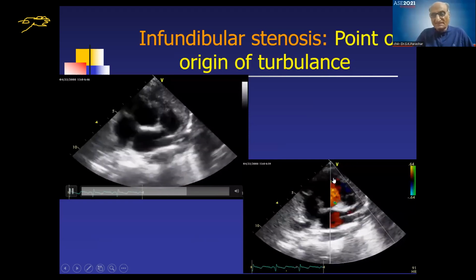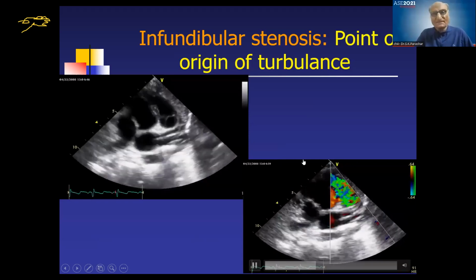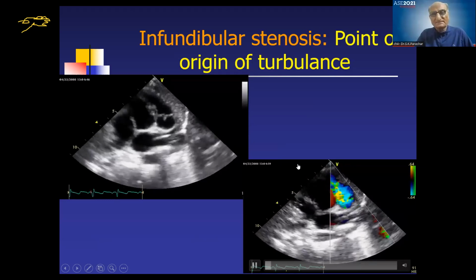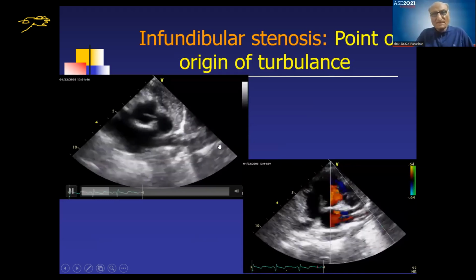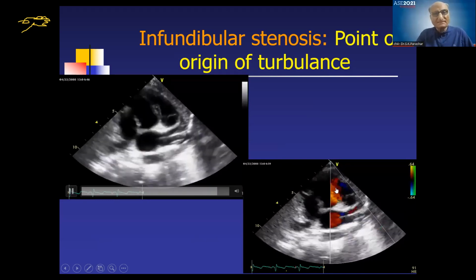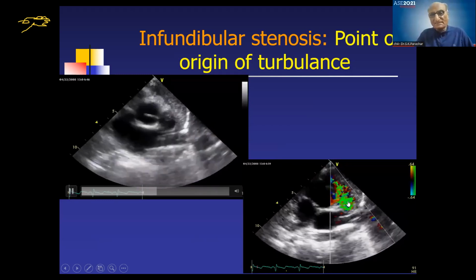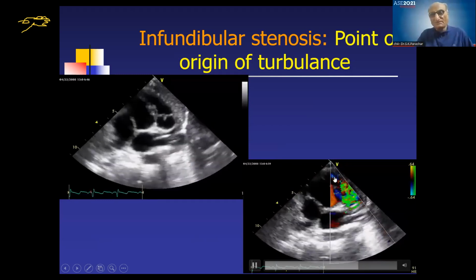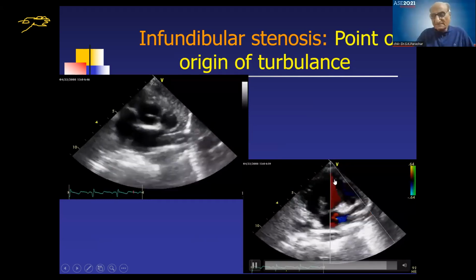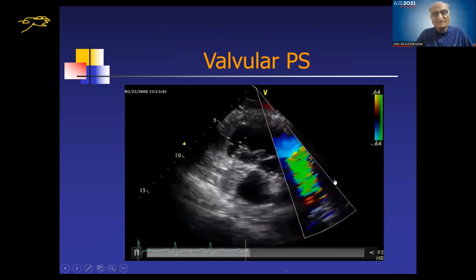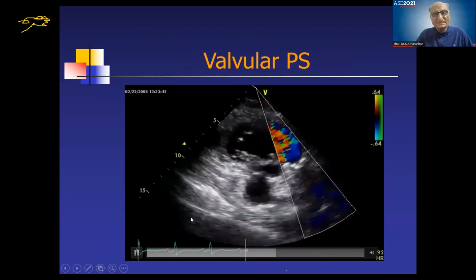If the point of origin of the turbulence is from the pulmonary valve, then this is pulmonary stenosis. But here it comes from the infundibulum, because you see this turbulence continues here, and its origin is here, though it continues beyond the pulmonary valve. So this is the type of infundibular stenosis. We will show you further cases also.